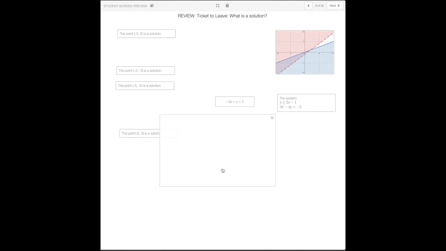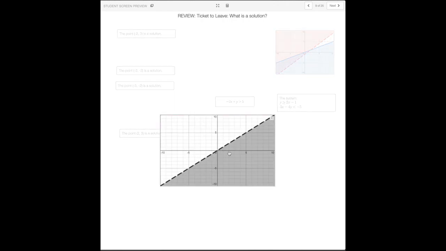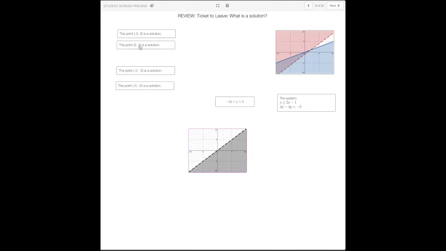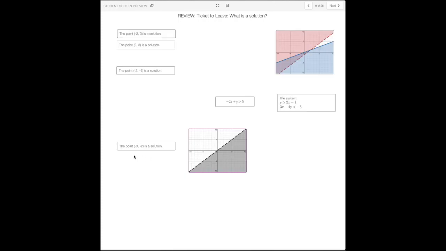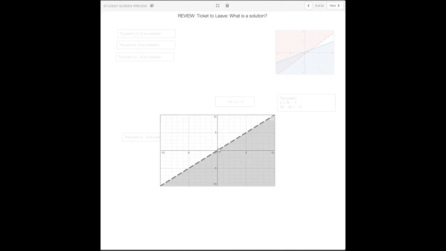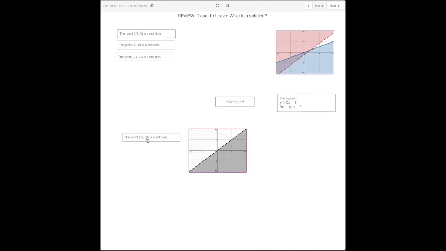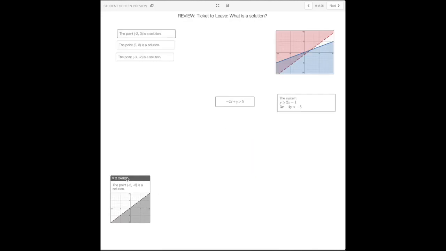Let's try (2, 3). 1, 2, 1, 2, 3. Again, I'm not in my shaded region, so I move that away. (-3, -2), does that work? 1, 2, 3, 1, 2. Again, not in my shaded region. Okay, so it must be this one, but let's check. (-2, -3), 1, 2, 1, 2, 3. Finally, I'm in my shaded region. So these two match. I'm going to move this down here. Okay.